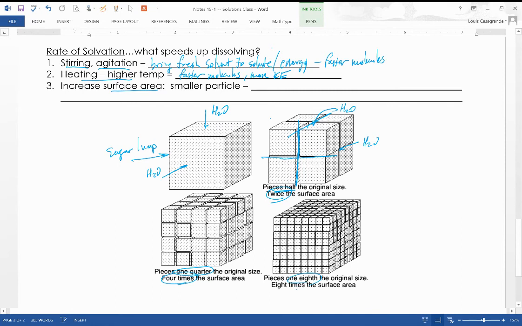Into eighths, we get eight times the surface area. And if we go to a powder, it's basically millions of times the surface area of the lump. If you cut it into 1,000,000 pieces, you get 1,000,000 times the surface area, and it's going to dissolve a lot faster.